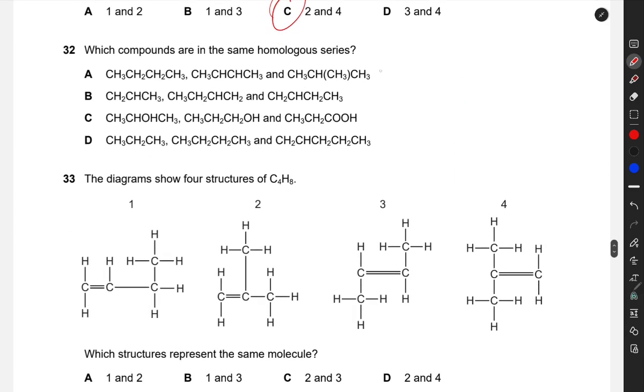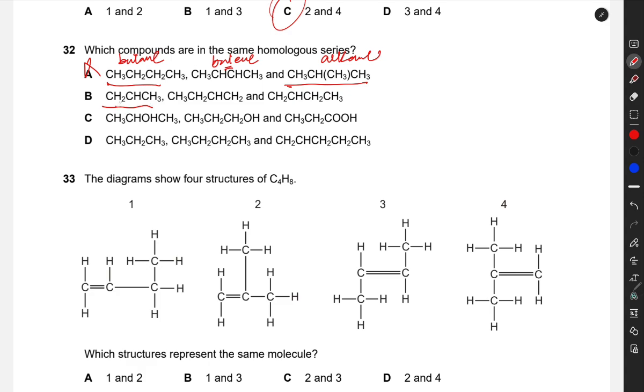Which compounds are in the same homologous series? CH3CH2, this is butane, this is butene, this is butane, and this is also 2-methyl propane. This is also an alkane, so it is incorrect.